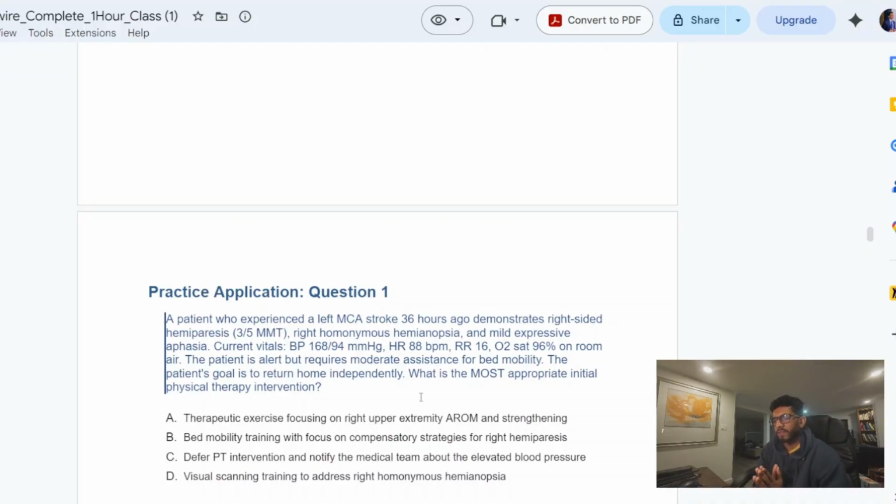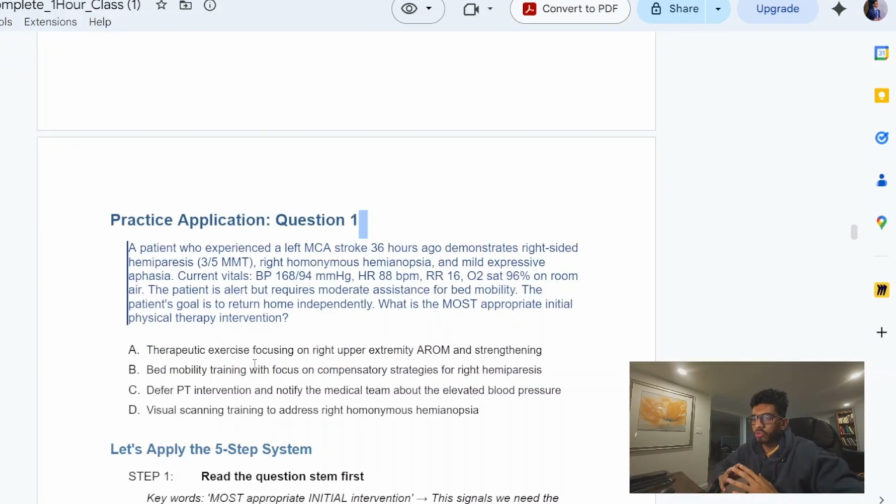So if a question like this comes and there are options like that, how are we going to use the 5-step system? So you need to read the question, right? You need to look into the last part of the question and see what they're asking. They're asking for the most appropriate initial physical therapy treatment.